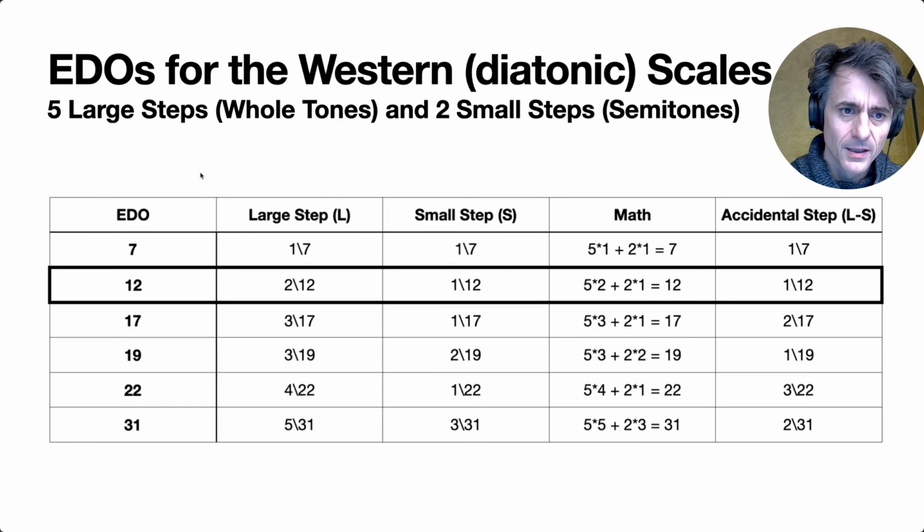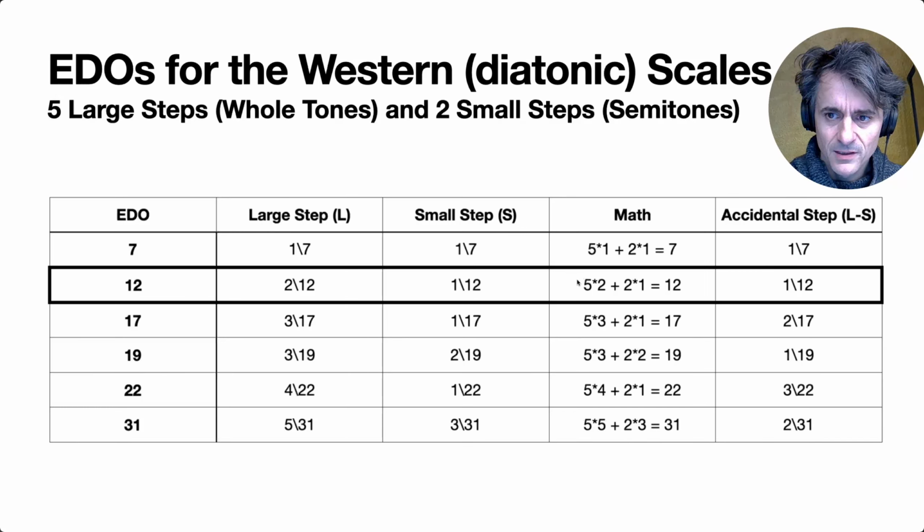So here we have the EDOs that fit the Western diatonic scale well, which has 5 large steps and 2 small steps. Normally we call the large steps whole tones and the small steps semitones. This comes from 12 EDO, where the large step is exactly double the size of the small step.